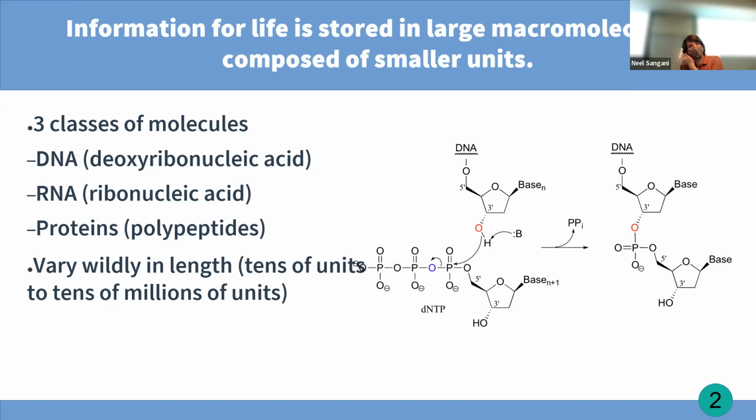And then because this will be relevant later, I'm just going to show how the bases work. So here's a basic chemical reaction for how you have a DNA base.